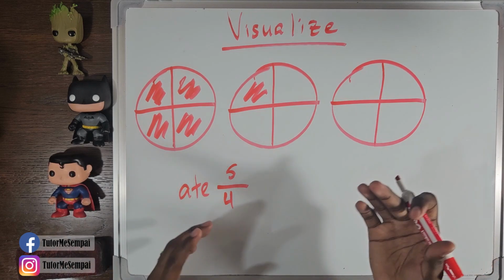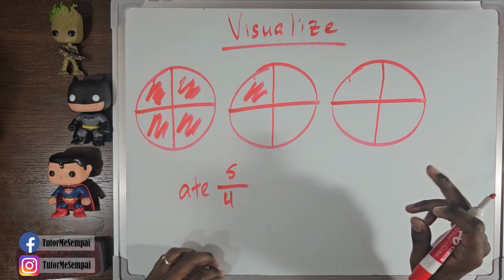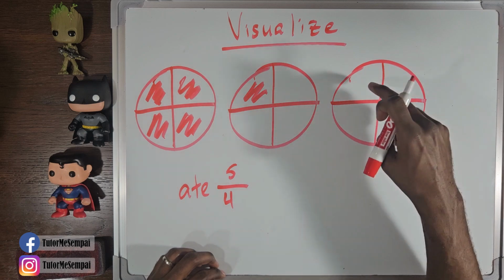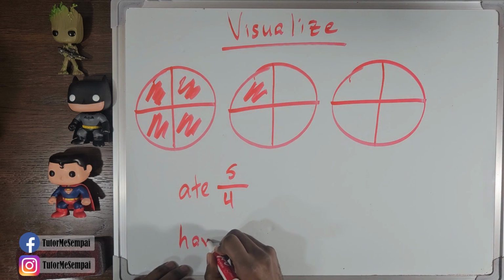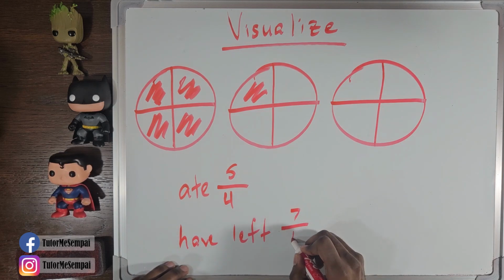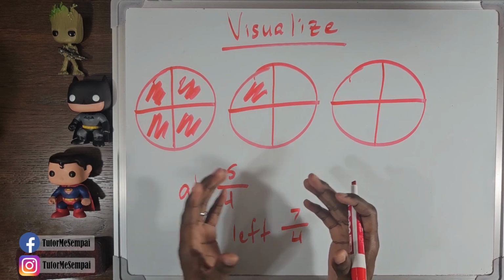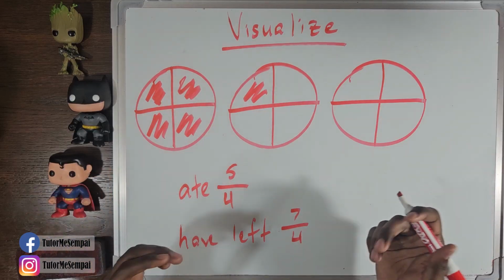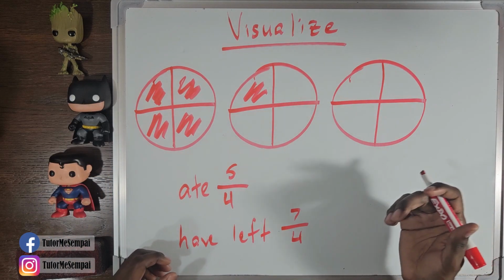So I ate 5/4 slices. And by extension, how many do we have left? Count them up. 1, 2, 3, 4, 5, 6, 7. You can say I have 7/4 left. Now, this looks kind of wacky. You probably wouldn't say to your friends or your family, yeah, I ate 5/4 of a pizza, or I have 7/4 of a pizza left.